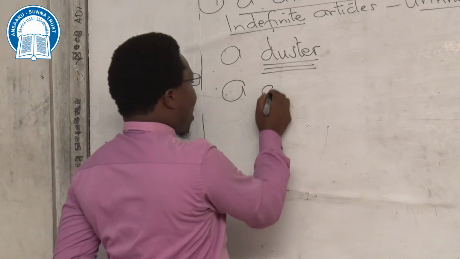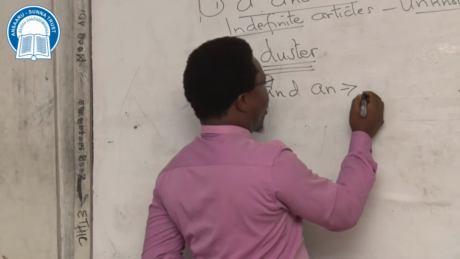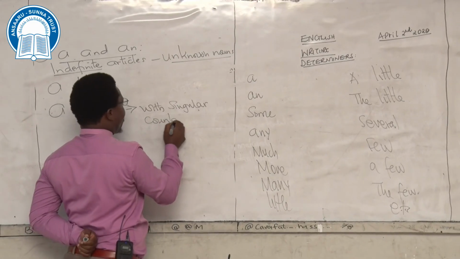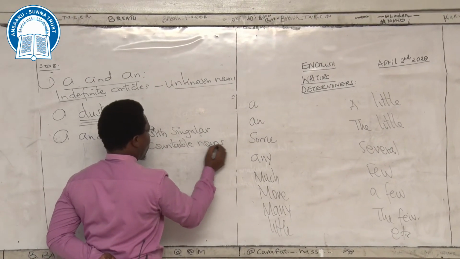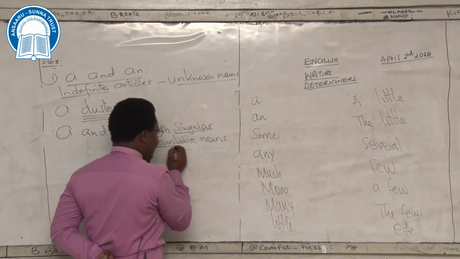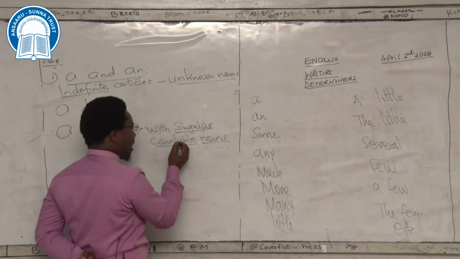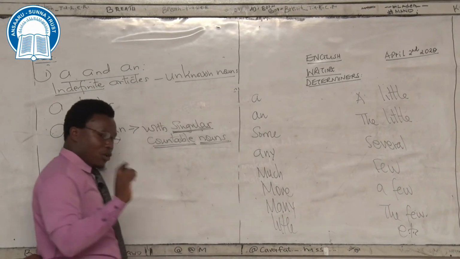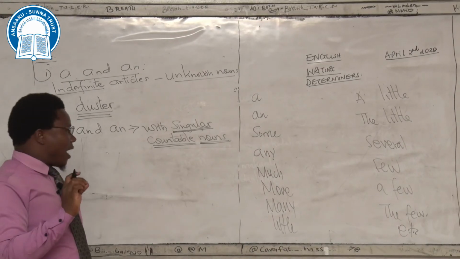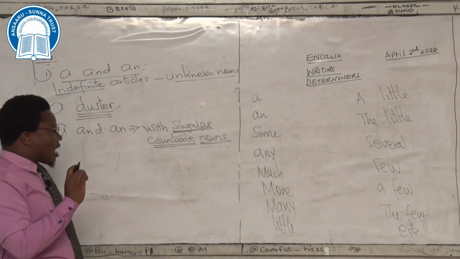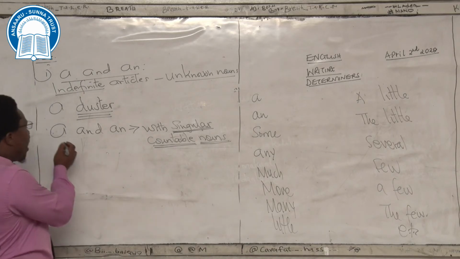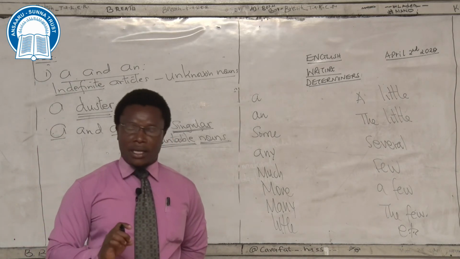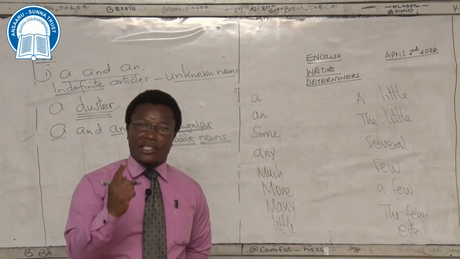The articles a and an are used with singular countable nouns. Underline singular countable nouns, to be specific. They are used with singular countable nouns because whenever a or an is placed before a noun, it reminds us that those nouns are just one.